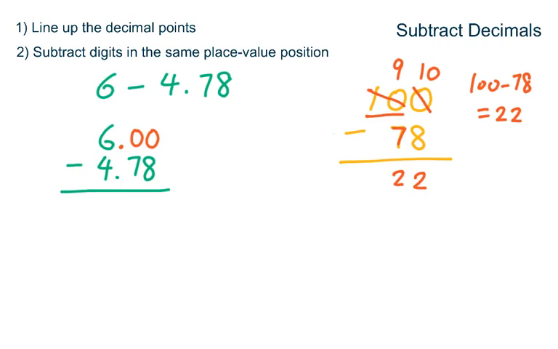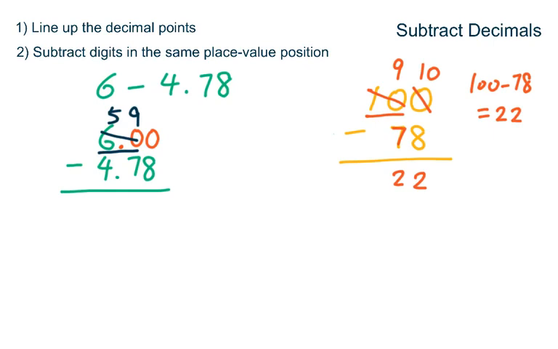Now in this problem, we don't have enough to subtract 8. We also don't have enough to subtract 7. So what I'm going to do is I'm going to borrow a 1 from, let's think of this as 60, right? So that means I will have 59 left. So I'm going to write 5 above the 6 and 9 above the 0 on the tens place.